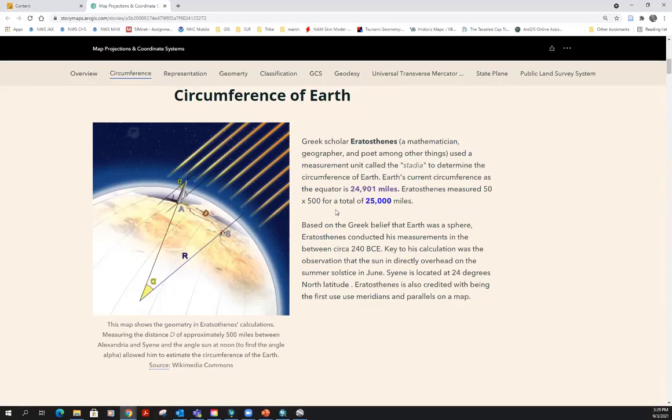That angle provides a measure, using simple geometry, to estimate that arc on the surface of the Earth, from which you can derive the actual total circumference. That's the genius behind the early Greek mathematicians and geographers.